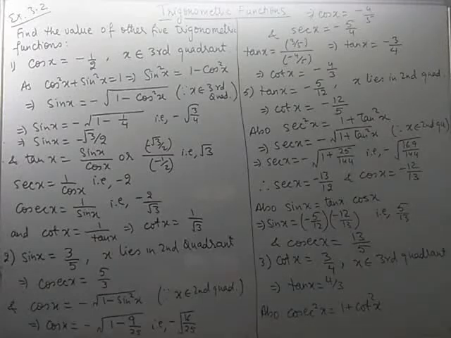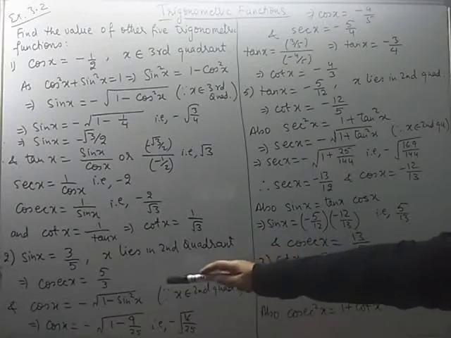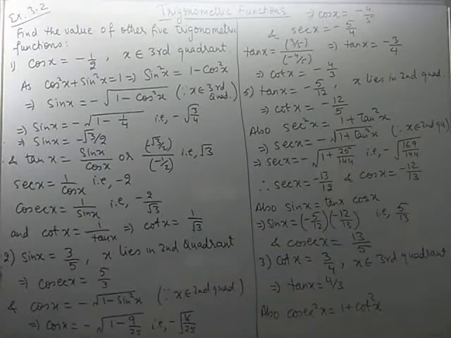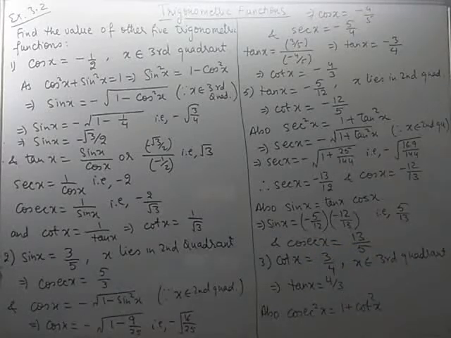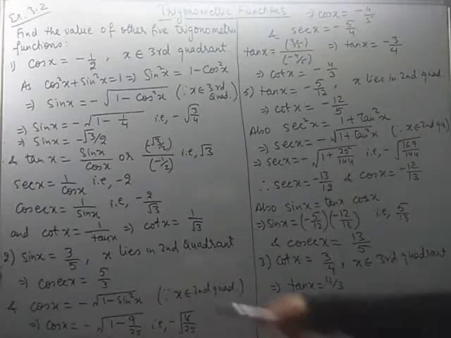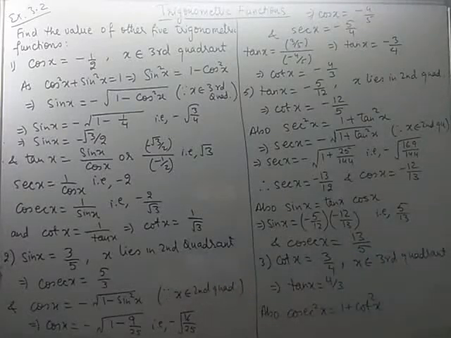So in the second part, x lies in the second quadrant. In the second quadrant, cos function is negative, sin is positive. You can see sin is given as plus 3 by 5. So cos x will be minus square root of 1 minus sin square x.